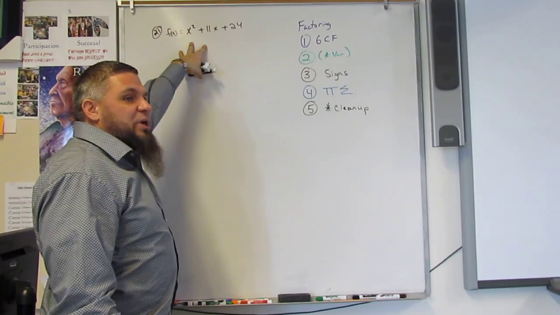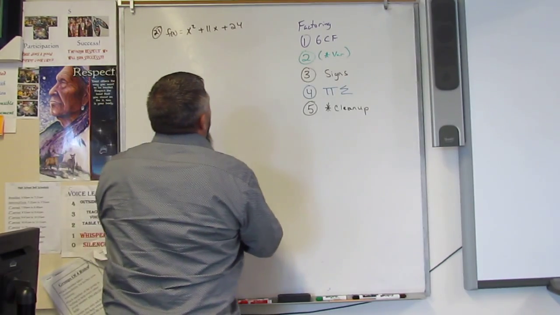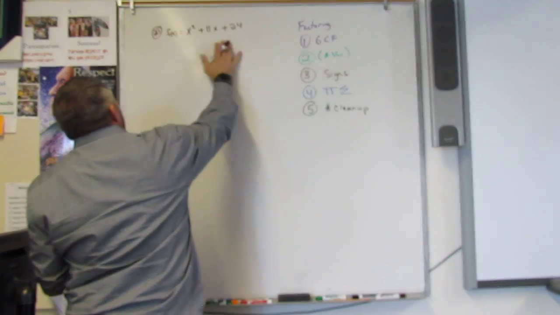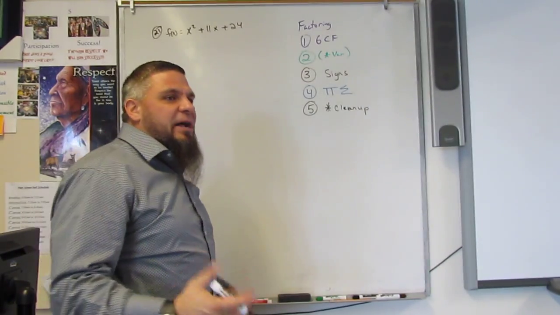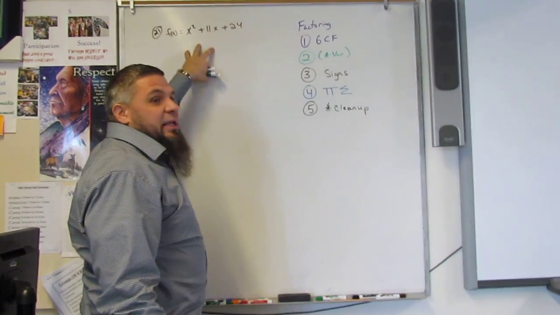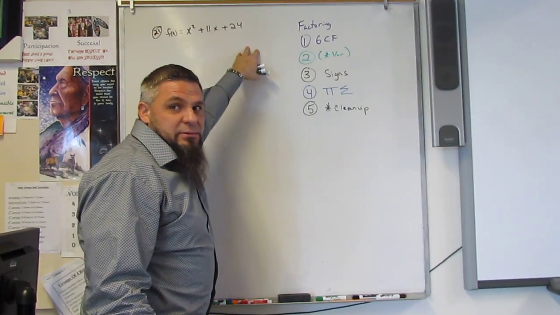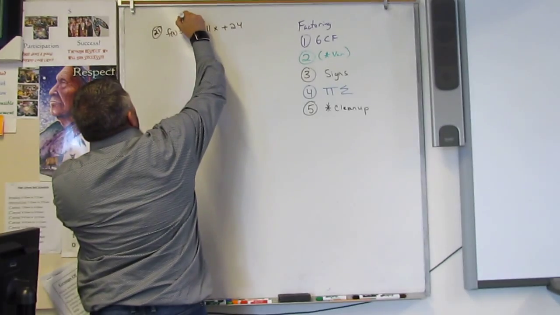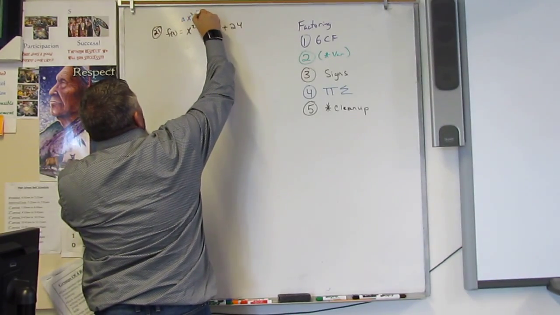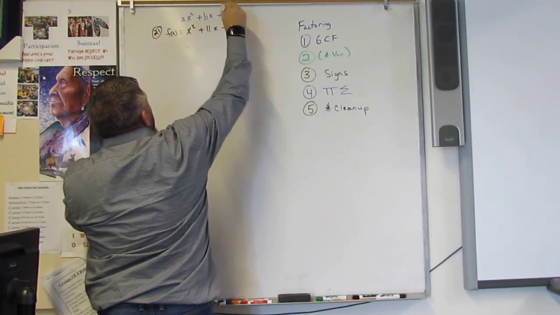Okay? The quadratic has to be equal to 0 for, well, it doesn't have to be equal to 0 first. For us to solve it, it has to be equal to 0. For us to factor it, it just needs to be a quadratic. X squared, x, no x. Right? Remember, the quadratic is ax squared plus bx plus c.